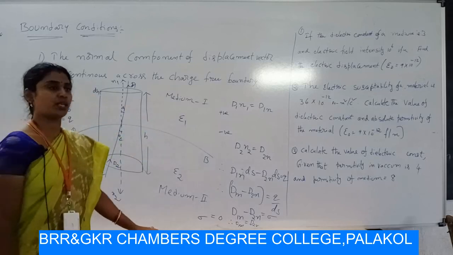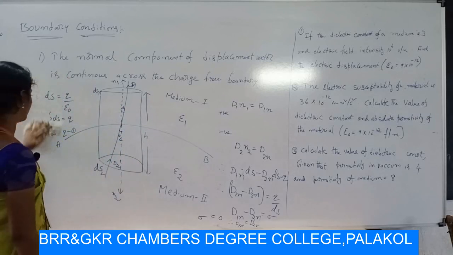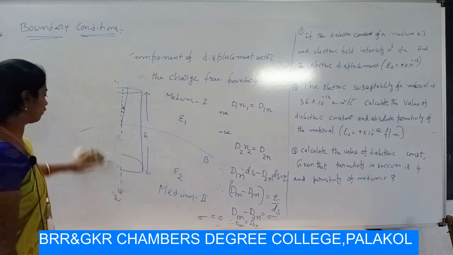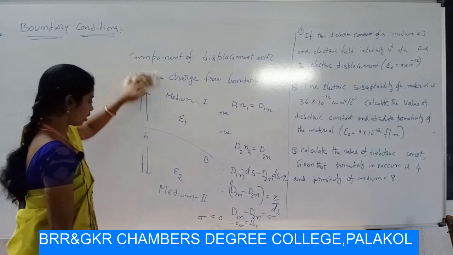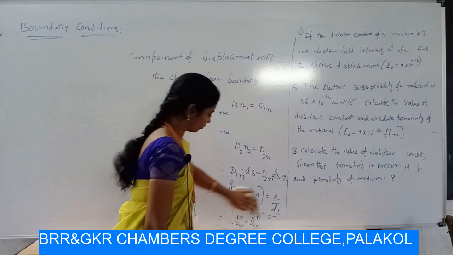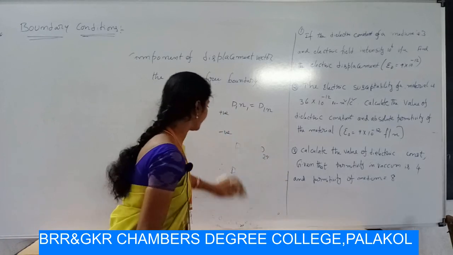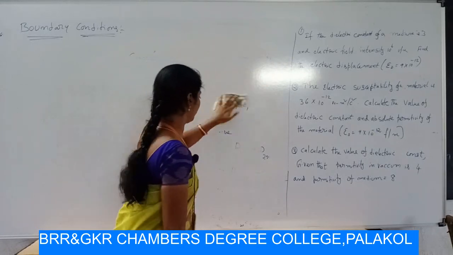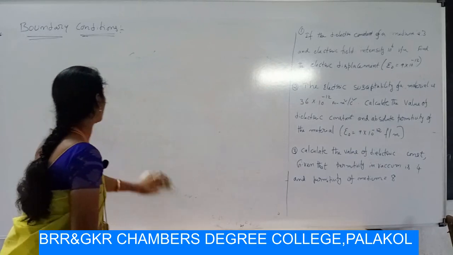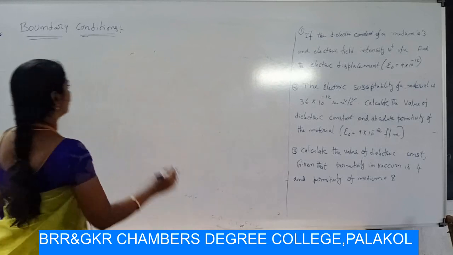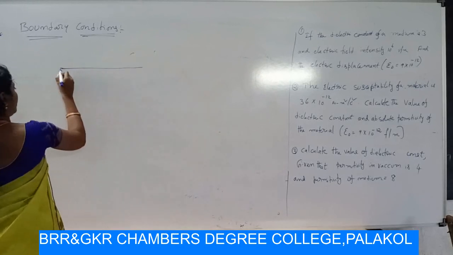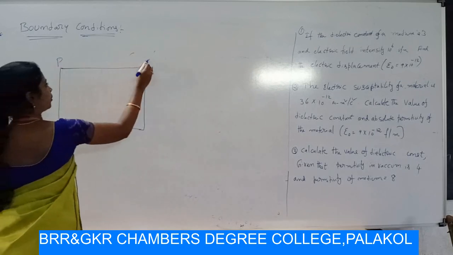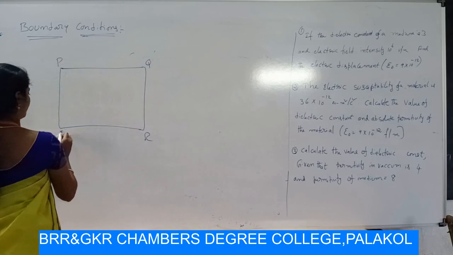We go for the second boundary condition, which is that the tangential components of electric intensities are the same on both sides of the dielectric media. For this, we consider a rectangular-shaped area PQRS.